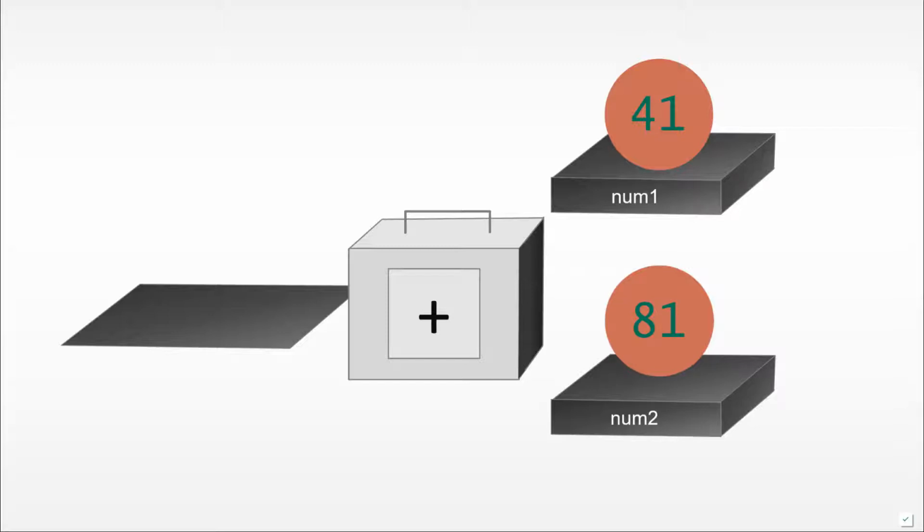So notice what happened here. We didn't remove the value from the num1 variable, so we still have a ball with a value of 41 there, but now we have defined a new shelf, a new variable, a new address in memory which has a new value, 81, which we can also keep using in the program.